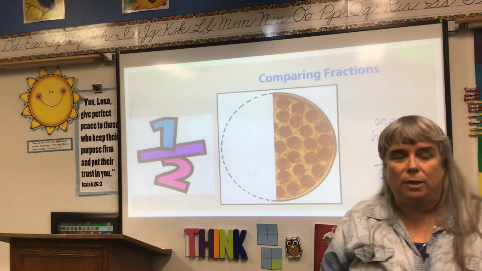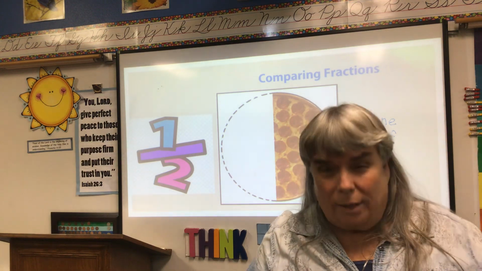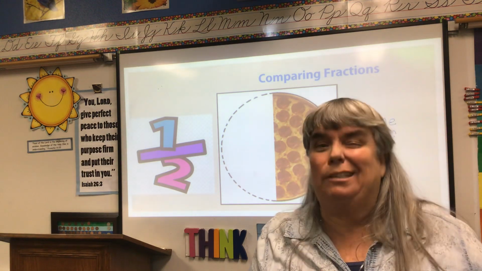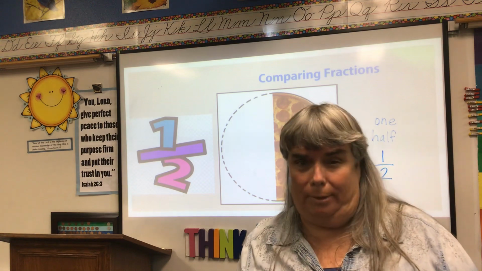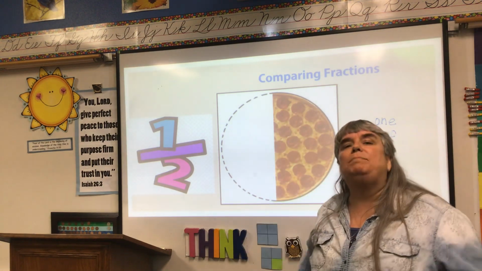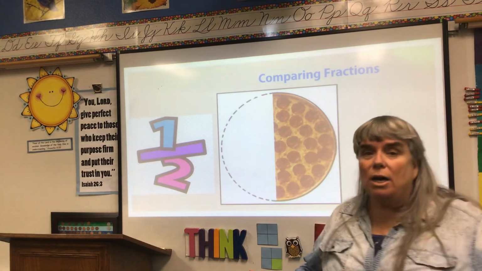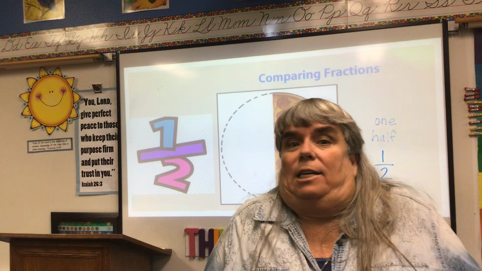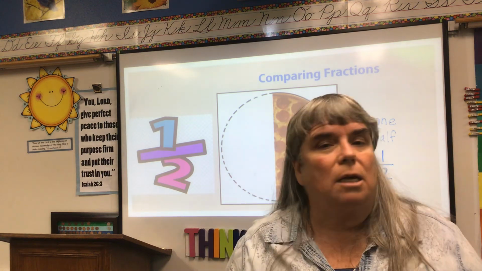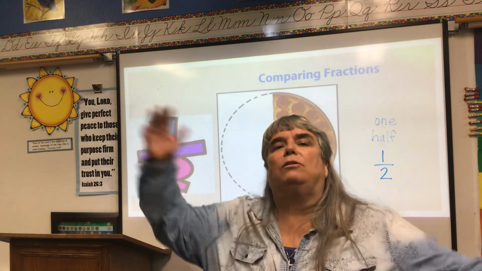Now, when we compare fractions, which is what our lesson is all about today, one of the things that's important for us to remember is that when we're looking at a fraction, we're actually technically looking at a division problem, because we're saying one whole pizza is being divided into 2 parts. And you guys remember, because we just finished multiplication and division, when you multiply something, you make it get larger.